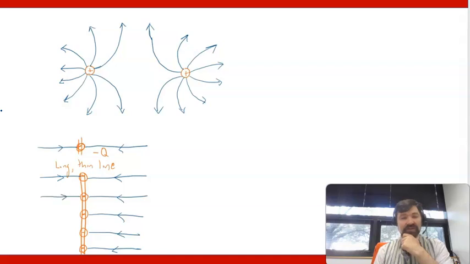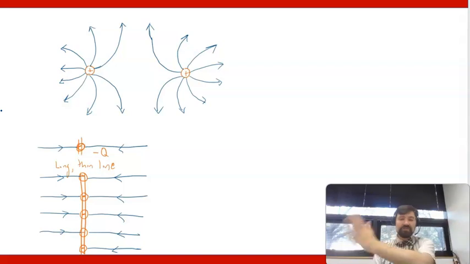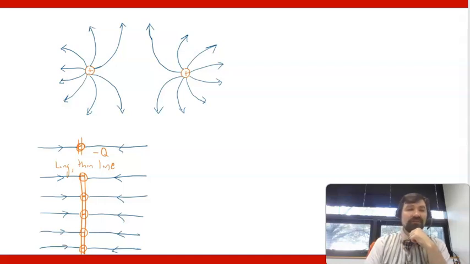And so my diagram looks something like this, where these lines really do continue off far this way and this way, but I'm not going to draw them all the way over because I need to draw the top view. So this is looking at it from the side.